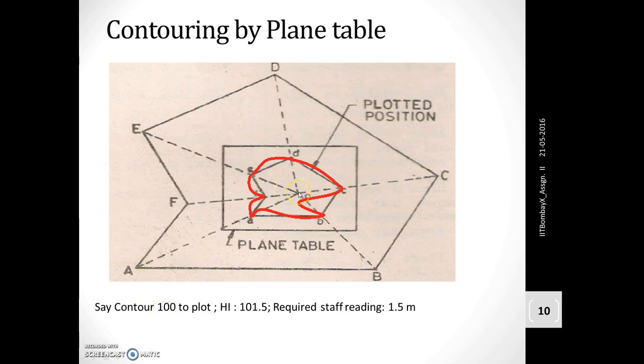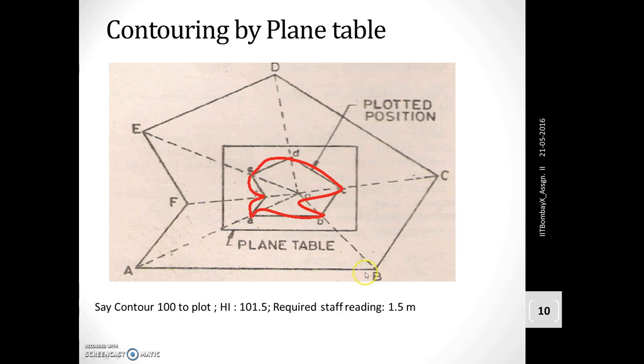Let's make use of the stadia intervals which are provided for the telescope of the telescopic alidade. Accordingly we are able to convert distance OA by making use of stadia principles, and hence this capital A will be plotted as small a on the paper.